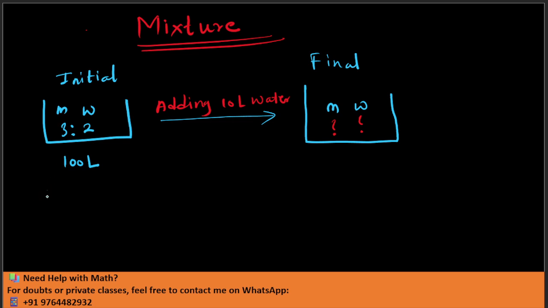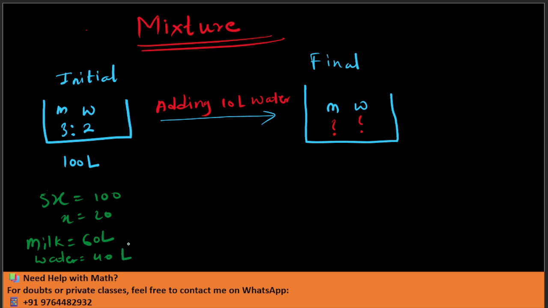The total mixture will be 5x. So 5x is equal to 100, so x is equal to 20. So the quantity of milk is 60 liter and quantity of water is 40 liter. This is the easiest type of question.